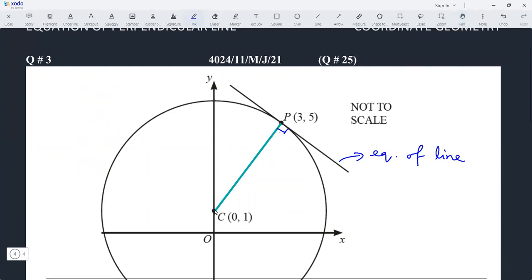So we have the coordinates of 2 points, C and P. If we find the gradient of CP, we can find the gradient for the perpendicular line quite easily.